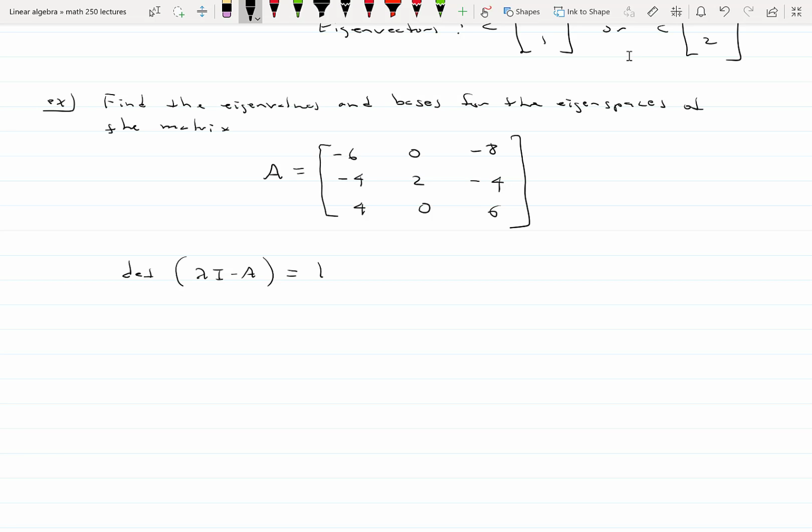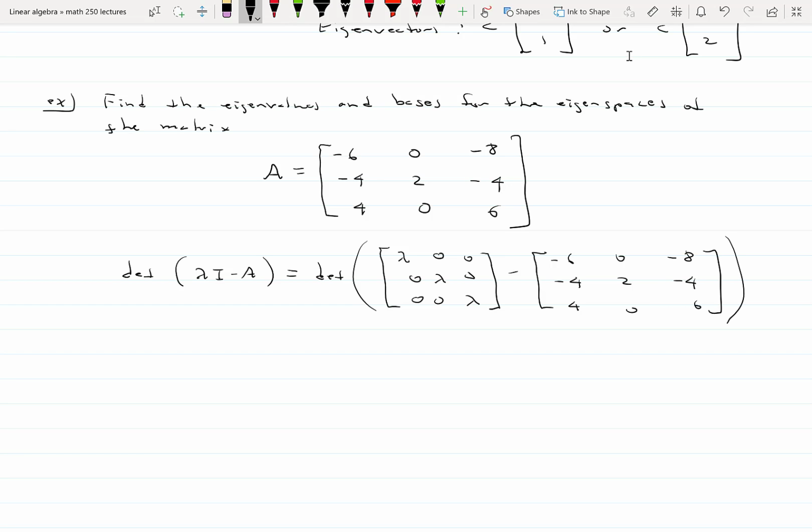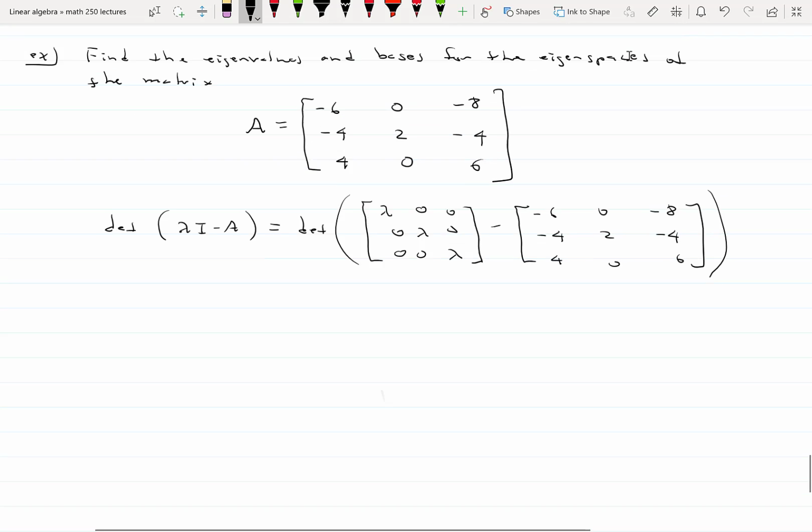That's the same thing as the determinant of lambda times the 3 by 3 identity matrix, the diagonal matrix whose entries are all lambda, minus here's our A. Taking a quick look back just to make sure I copied that matrix right. Yeah, okay.